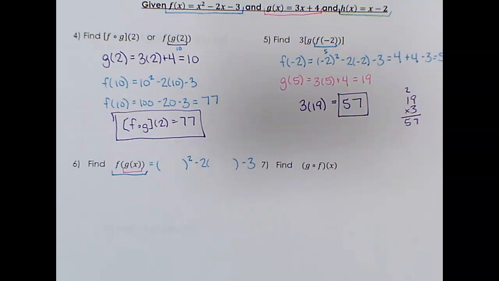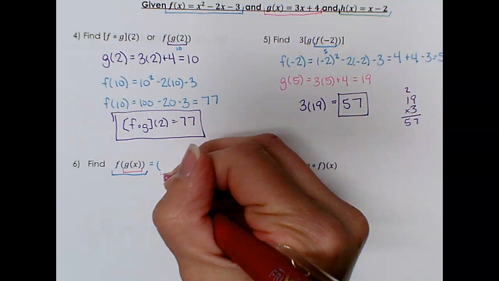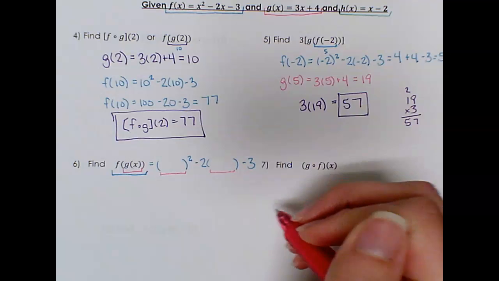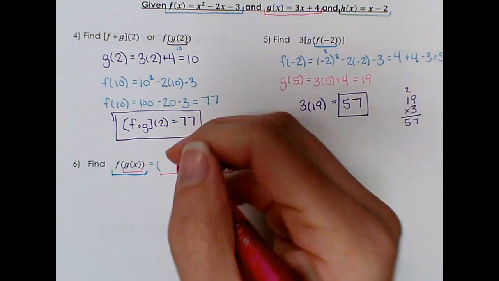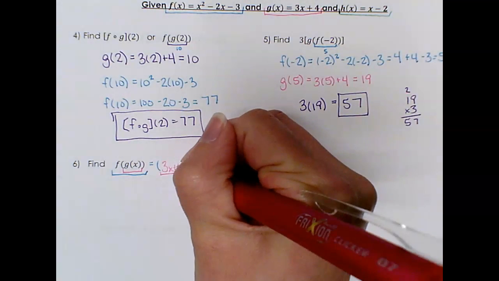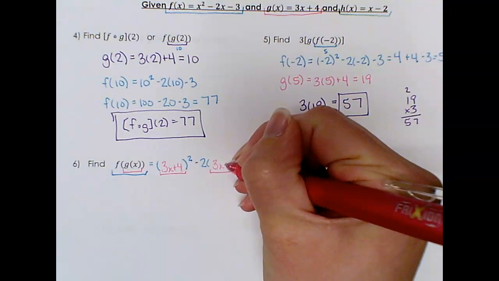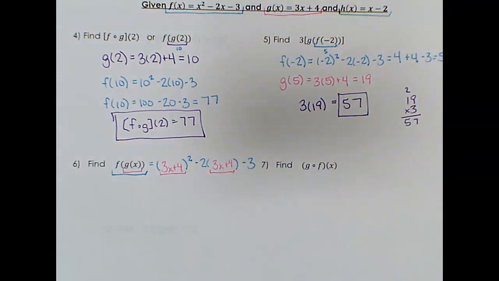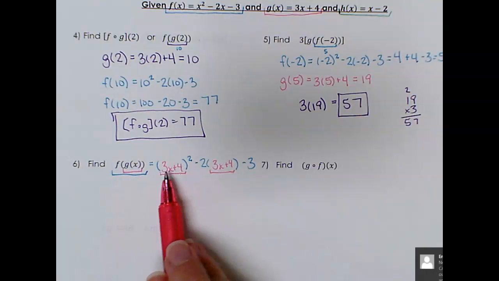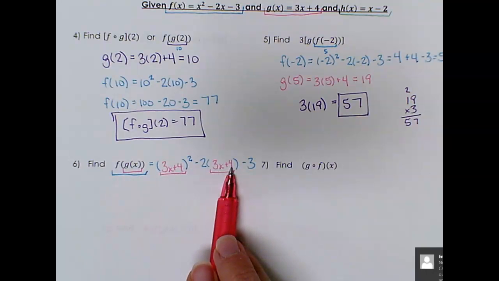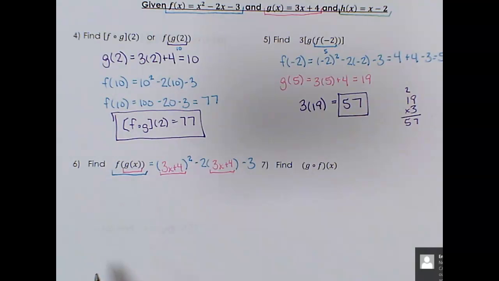Now that x piece is g of x, and g of x is 3x plus 4. So notice now that I have nestled g of x in place of x in the f function. So now I need to work from the inside out.